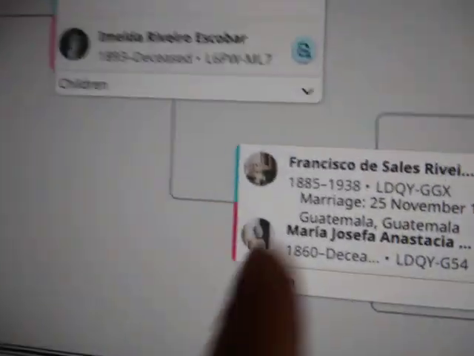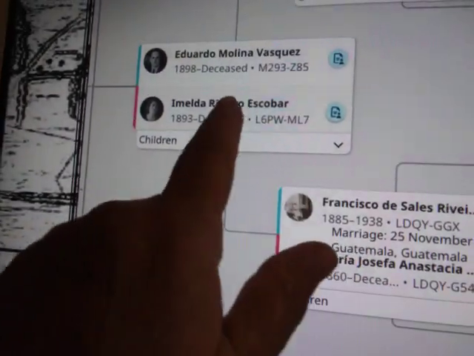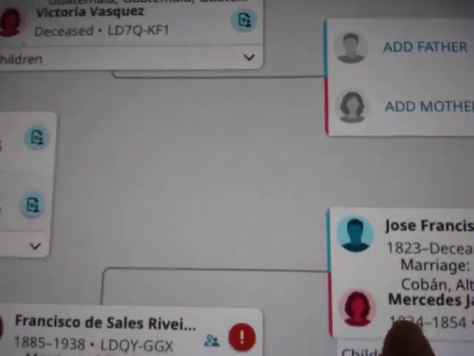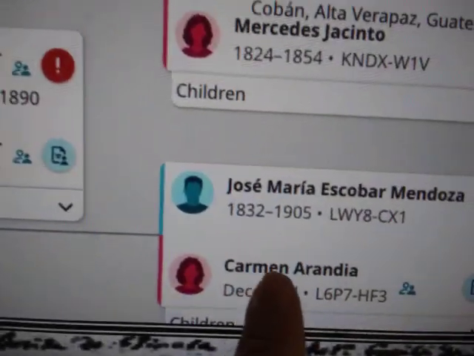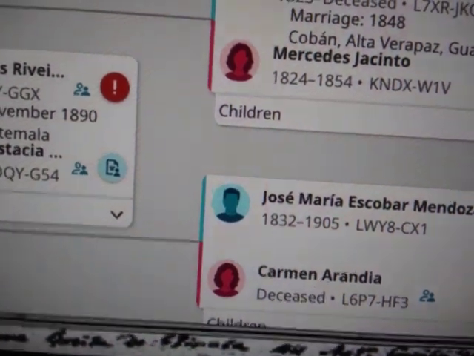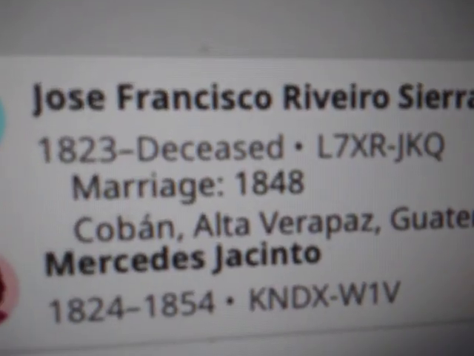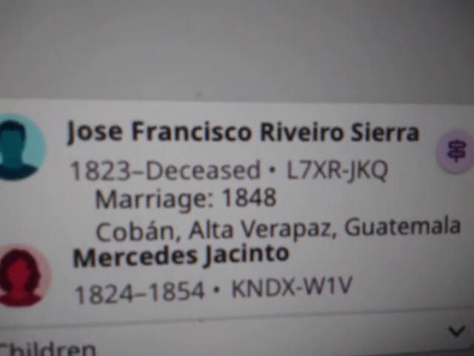Now, his family, in other words, Imelda's grandparents, are right here. Her grandparents on her father's side and her grandparents on her mother's side. On her father's side we have Jose Francisco Riveiro Sierra, and we're going way back to 1823.